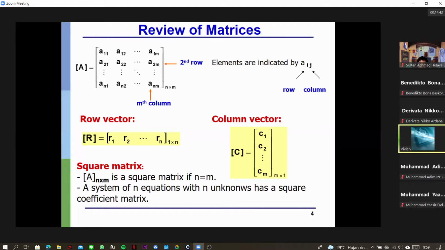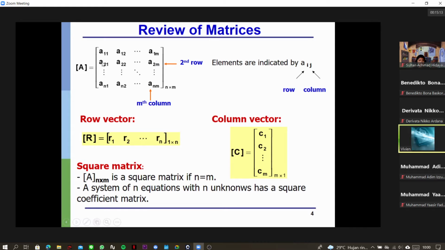we will look at a review of matrices, and I think you have learned about this before, in calculus, when you learned about matrices. So we will do some review on that. Say we have a matrix A, which contains elements inside. Here, for example, we have m columns and n rows.